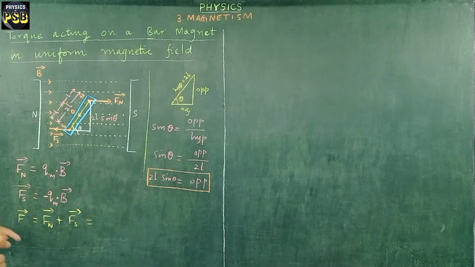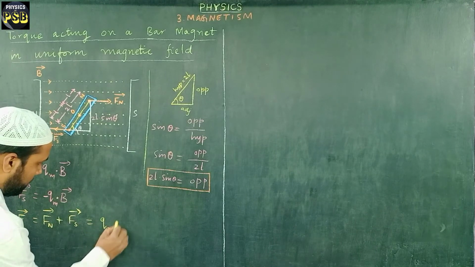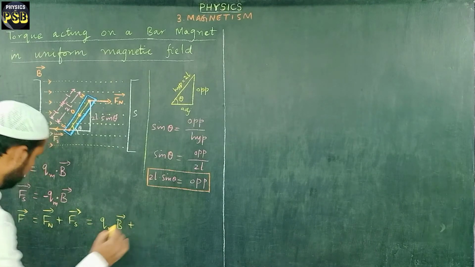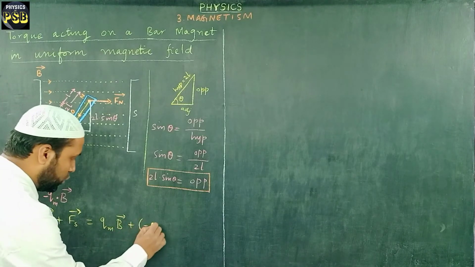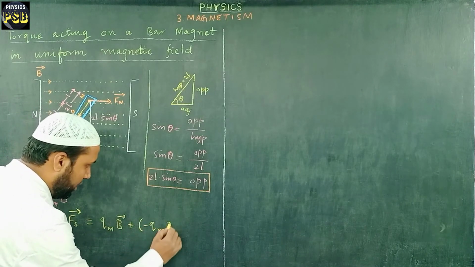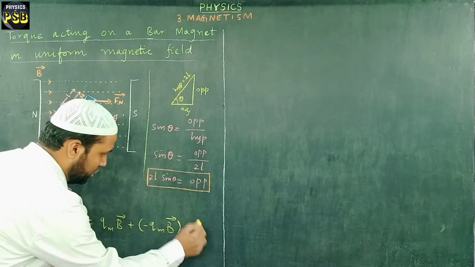Now this total force can be obtained. In the place of these two, I substitute their value. Fn vector is Qm B vector plus Fs vector is equal to minus Qm B vector. So what happened? These two get cancelled and what we obtain is nothing but 0.